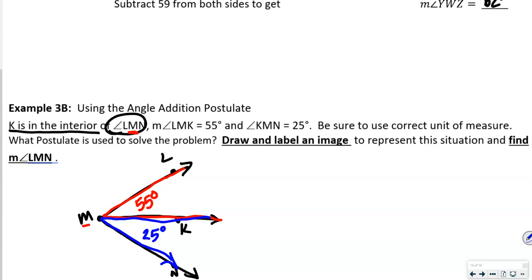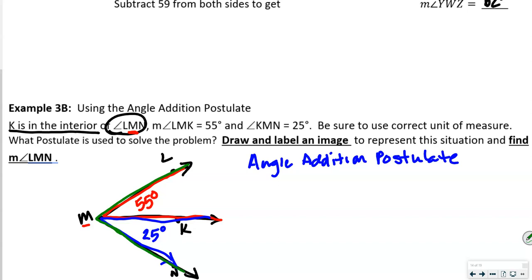What postulate is used when we solve this problem? Obviously, the angle addition postulate. So we're going to write that. Okay. And then it says, find the angle LMN. So it's asking us to find LMN. So what are we going to do?